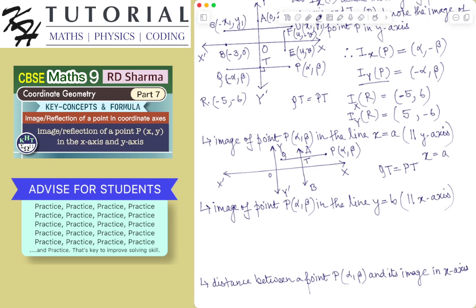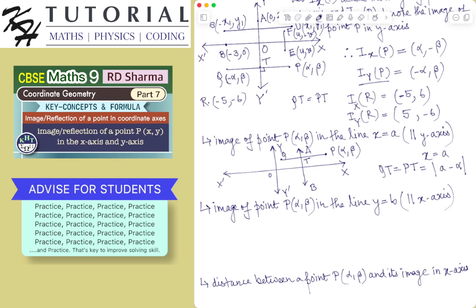Now, QT and PT should be equal to the distance of the point P from the line AB, which will be equal to modulus of A minus alpha, where alpha is the abscissa of the point P, and the equation of the line AB is x equals A. That is, the line AB is at a distance A from the y-axis, and P is at a distance alpha from the y-axis.